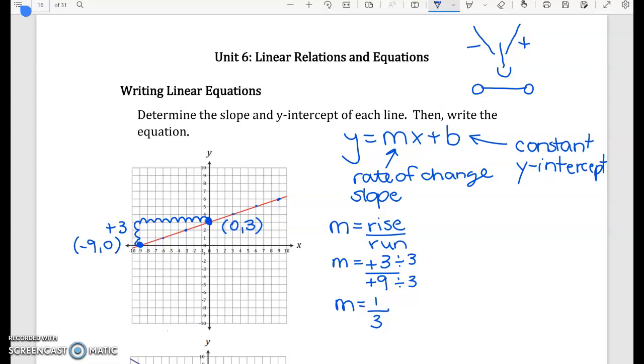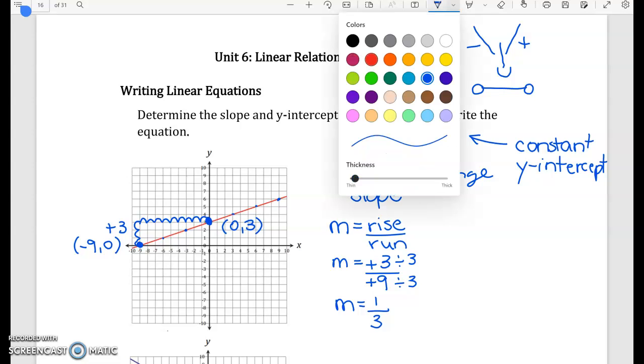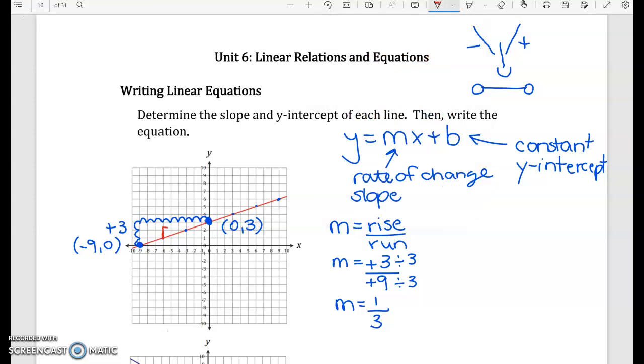In other words, for every one rise that you make, you're moving over 3. The slope is the same anywhere along that linear line: you're rising 1 and running 3. So that's our slope.